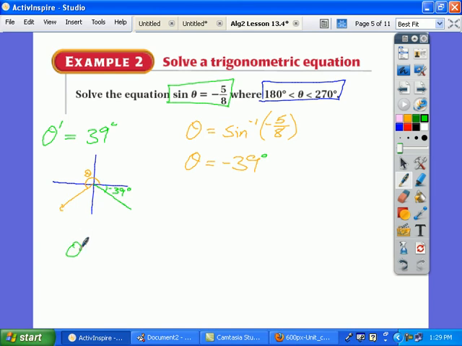I'm telling you the reference angle is 39, so the original angle had to be, we're going to add 180. So I'm going to take 180 plus 39, and that's going to give us 219. 180 plus the reference angle.